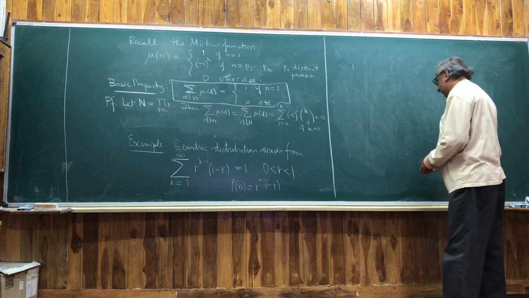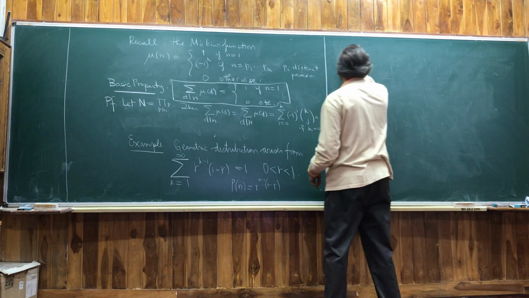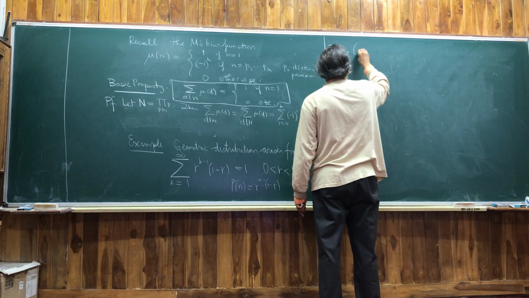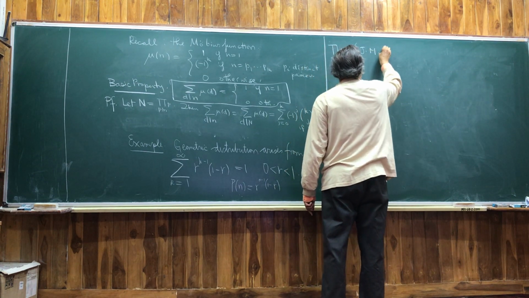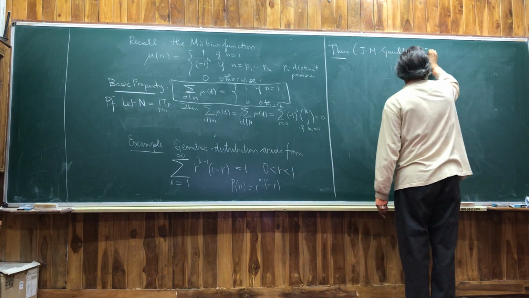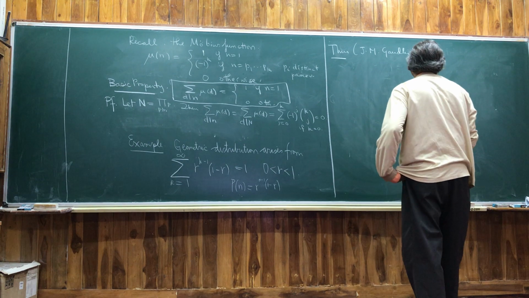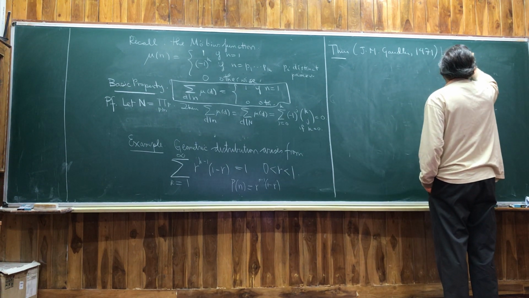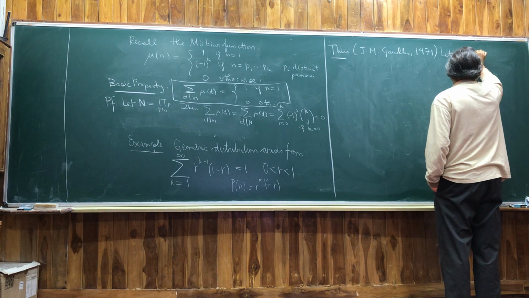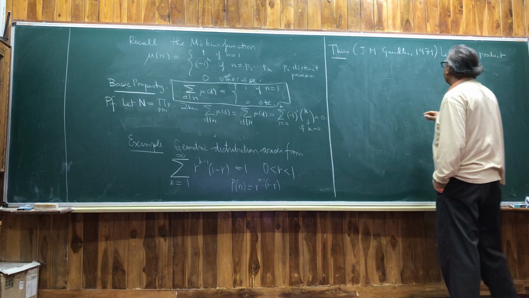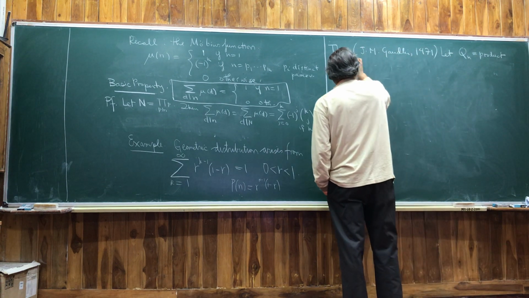So the theorem, due to J.M. Gandhi, 1971: let Q sub n equal the product of the first n primes.